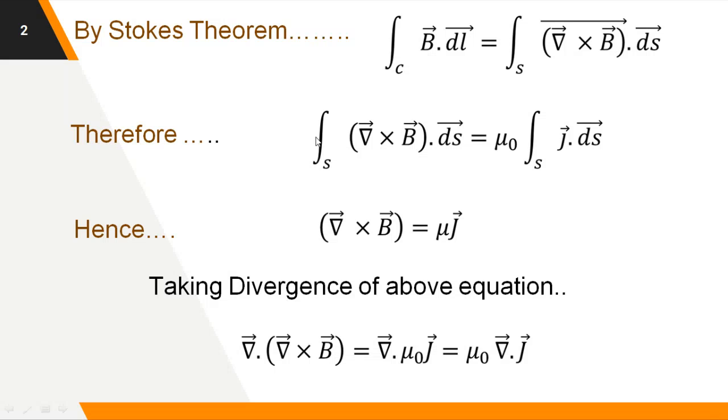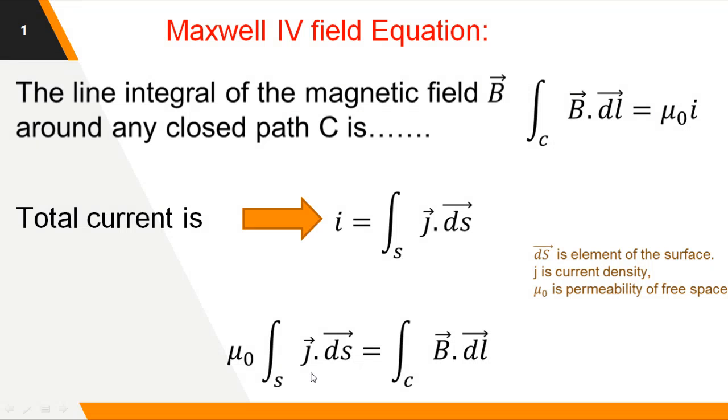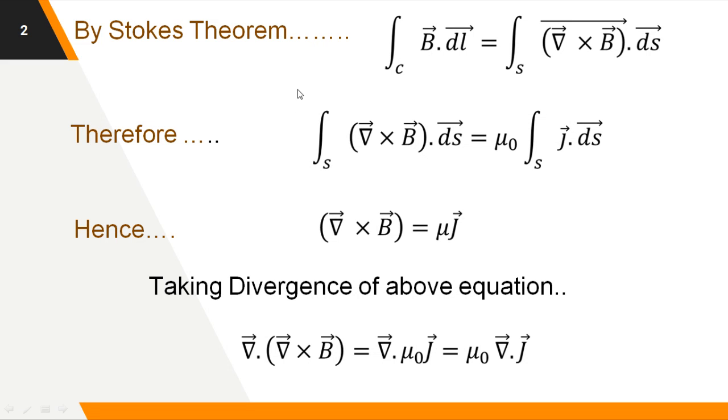Now by Stokes theorem, one side is a surface integral and the other side is a line integral. So B dot dl is nothing but del cross B dot ds. This arrow mark is unnecessary when writing del cross B; don't bother about the vector notation.